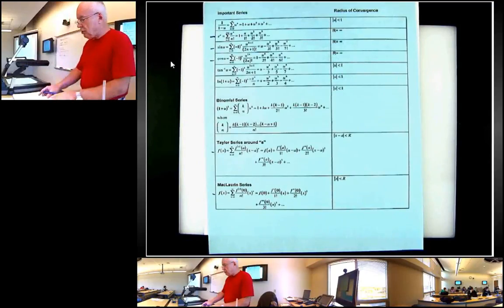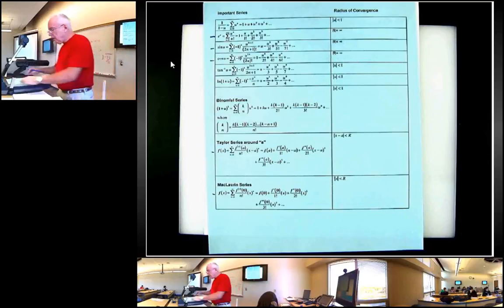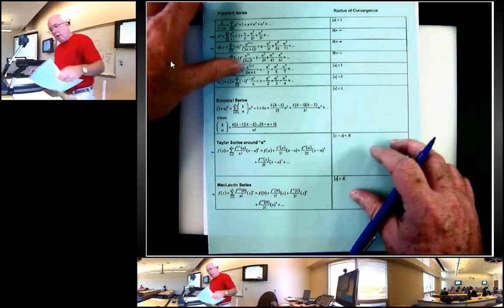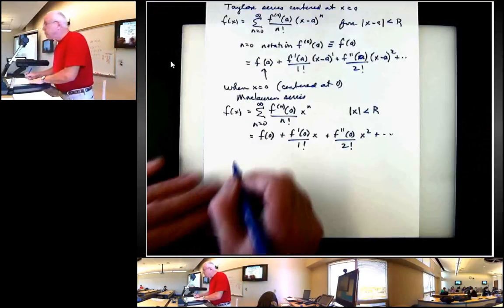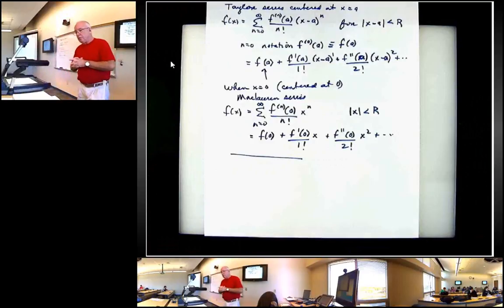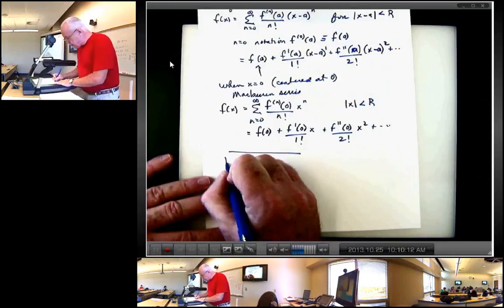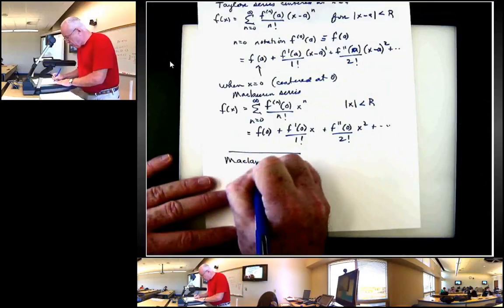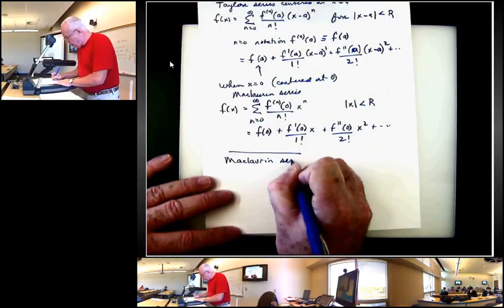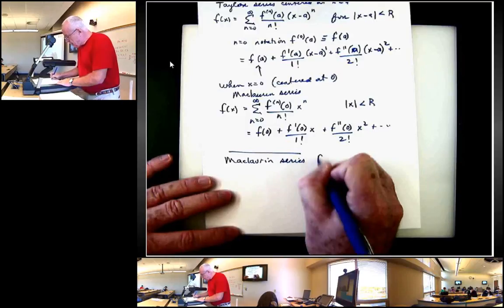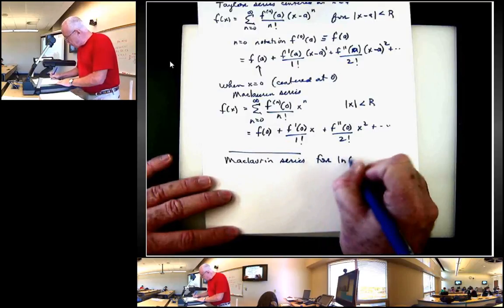Let's look at the natural log. There is both a Taylor and a Maclaurin series for the natural log, and this one is actually a Maclaurin series, for the ln of 1 plus x.